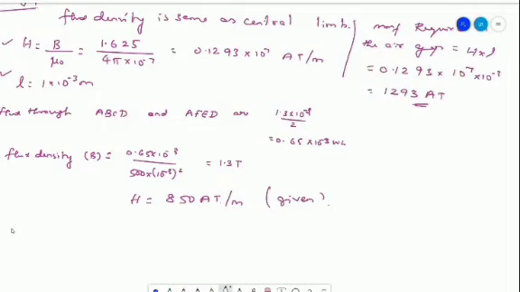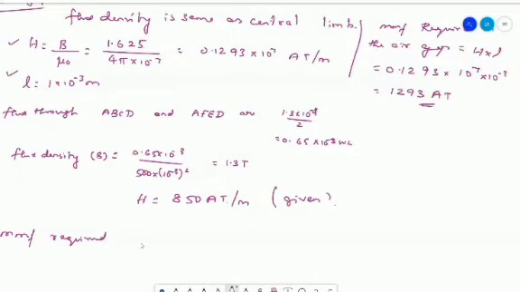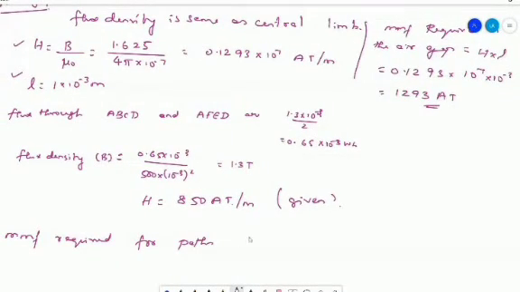How do you find the MMF required for the paths ABCD and AFED? This should not be ambiguous to you. The MMF required for the path ABCD and AFED will both be the same.